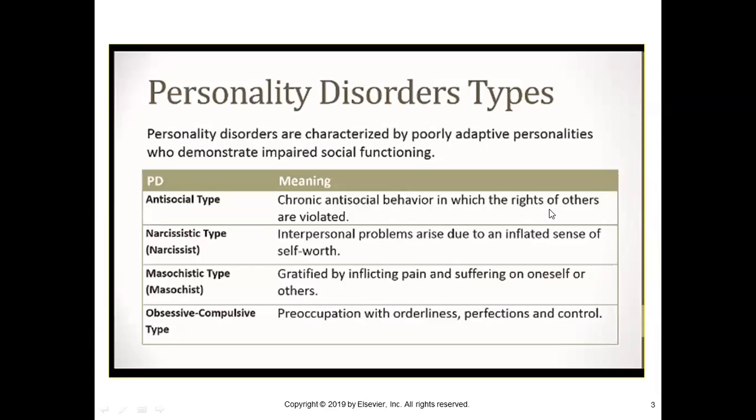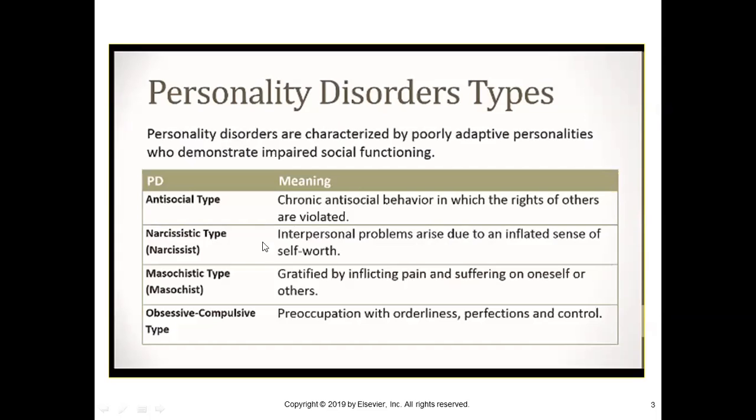In which the rights of others are violated. So the person who has antisocial type behavior thinks everybody is wrong or doing wrong. Only he is right. They have a strong abnormal belief.